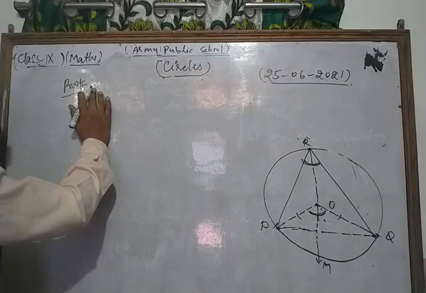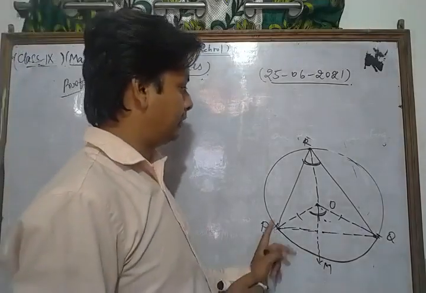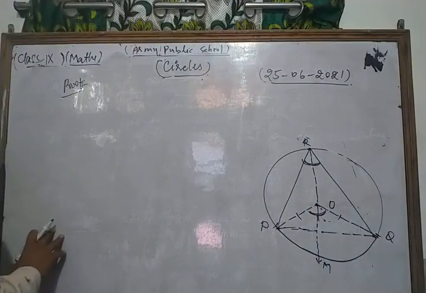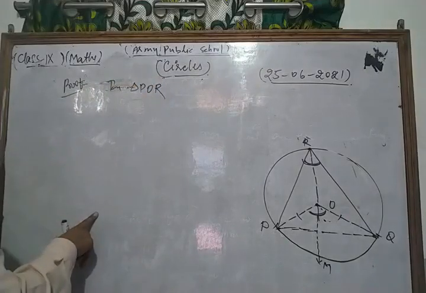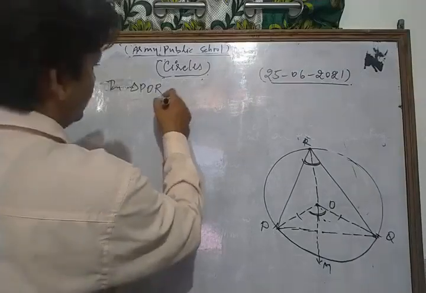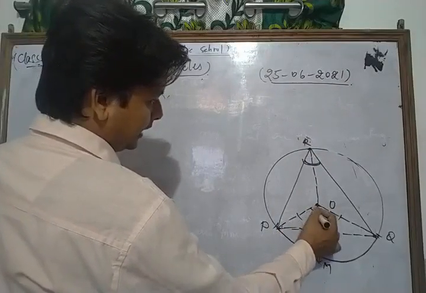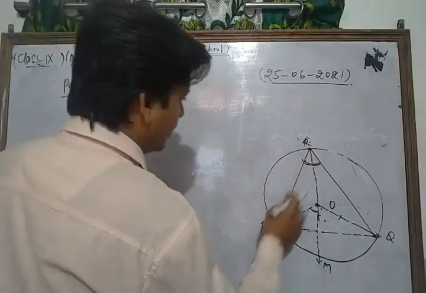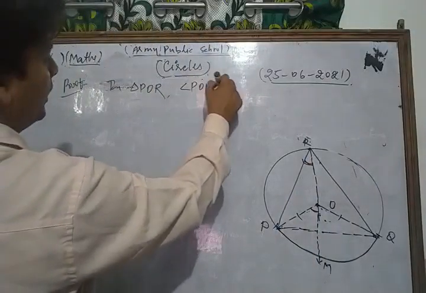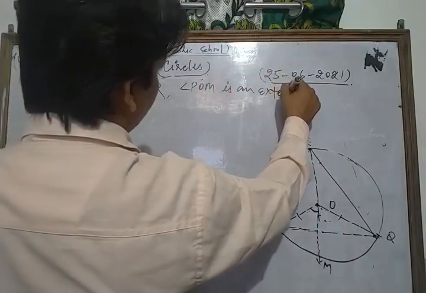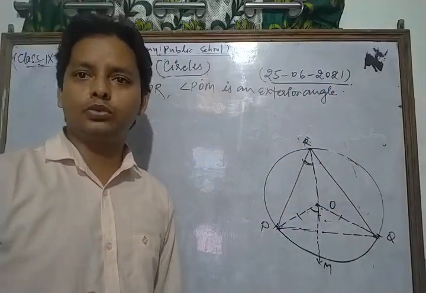In the proof, now we take triangle POR. In triangle POR, angle POM is an exterior angle, and we know that the exterior angle is always equal to the sum of its two opposite interior angles.